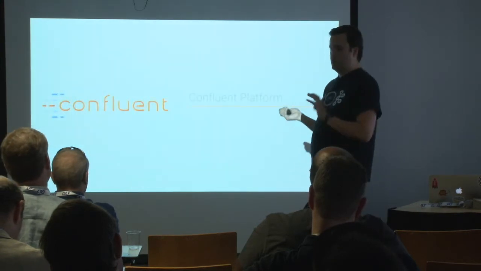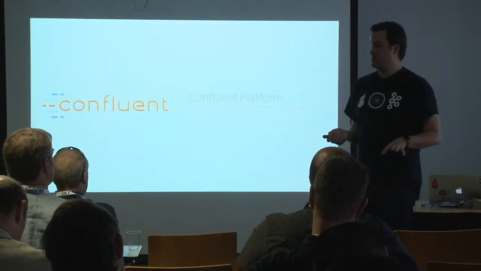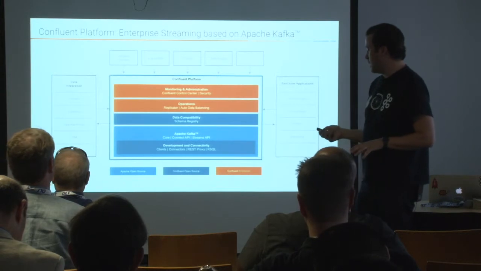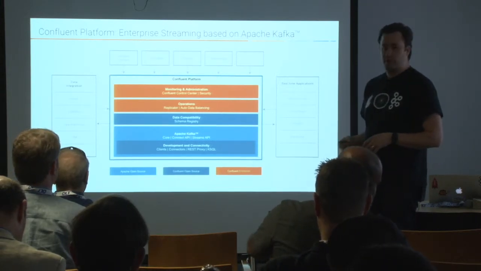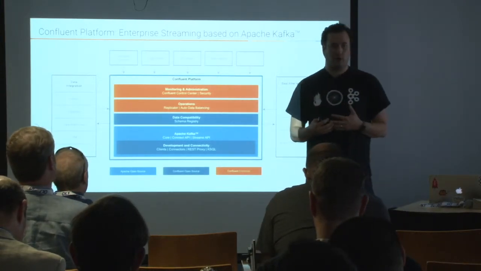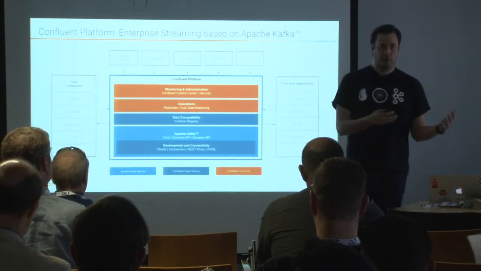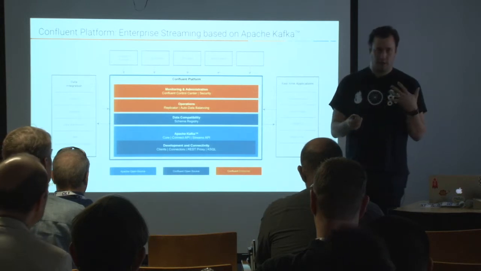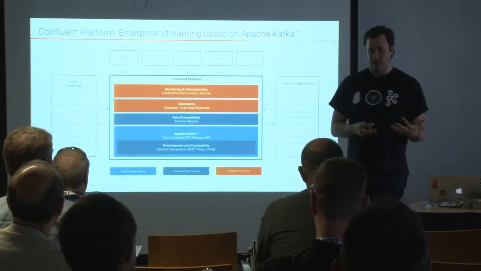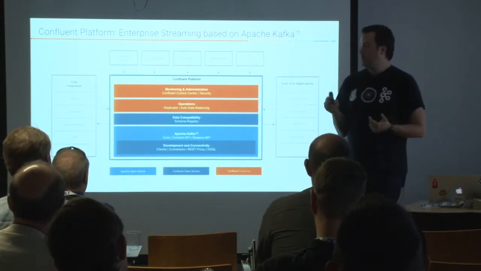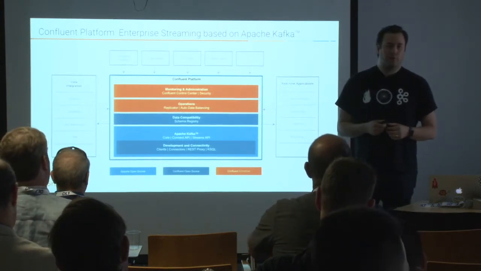I didn't really talk too much about Confluent. I want to talk about what our offering is. It's built around Apache Kafka. Confluent employs about 80-something percent of the core committers to the project. There's a couple of one or two people at different companies. I think Hortonworks has one, I think Cloudera has a committer, IBM has one or two. But the majority of the committers of the project work for Confluent.